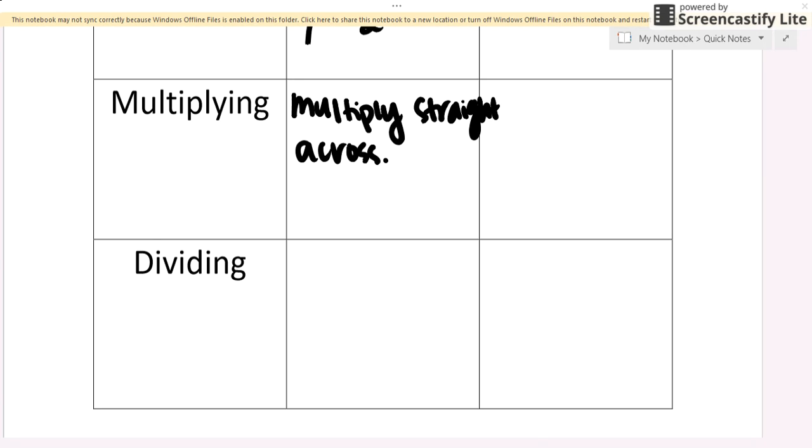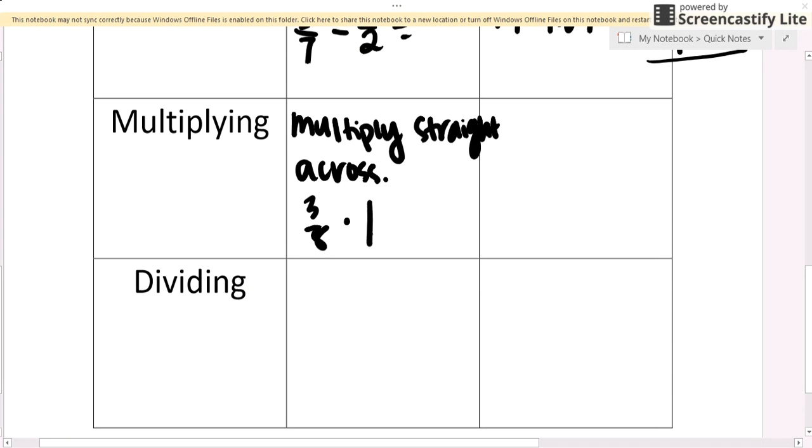So for this one, I want you to multiply 3/8 times 1 4/5. Remember to turn your mixed number into an improper fraction first, and then multiply straight across and simplify. Pause the video to solve your problem. When you're finished, you may push play and move on.